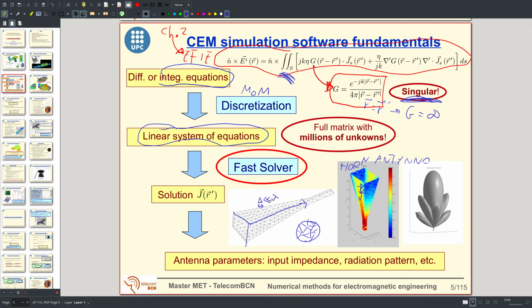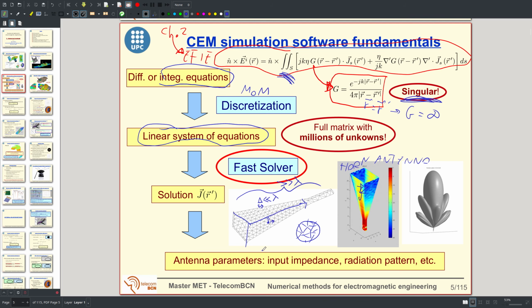And for that reason, if the size of the object is much larger than the wavelength, and the size of the triangles is much smaller than the wavelength, you need thousands, tens of thousands, hundreds of thousands of triangles. And at the end, the unknowns are the current on each triangle. The current on each triangle has two components. So in principle, we need two unknowns, one for each component of the current, per triangle.